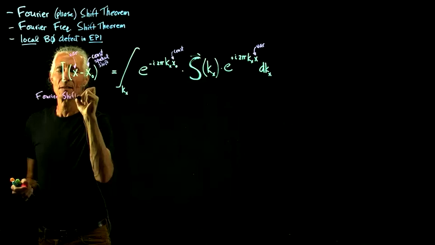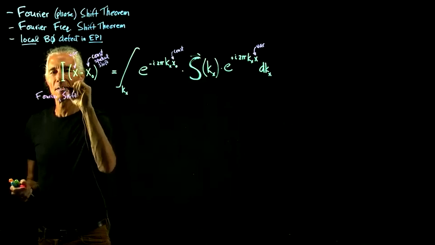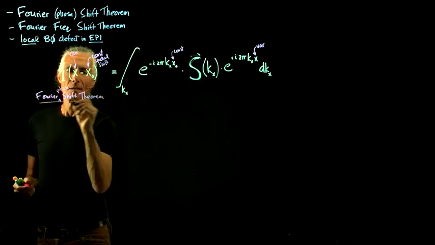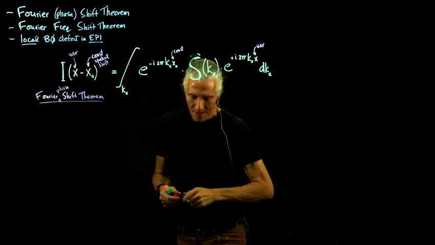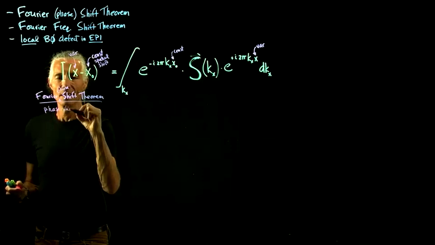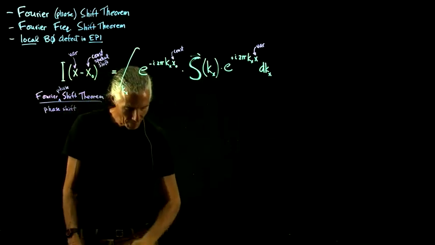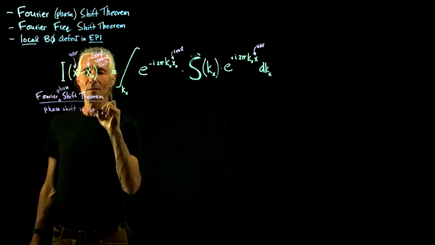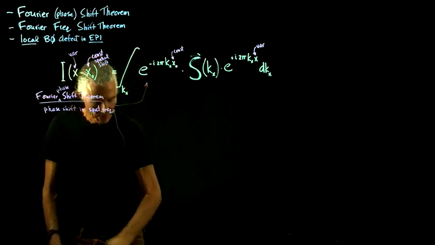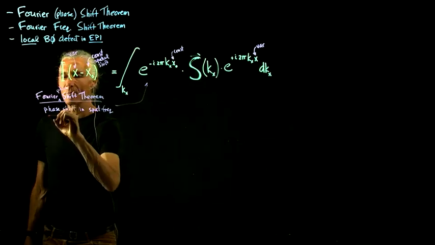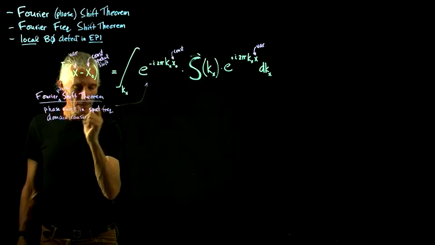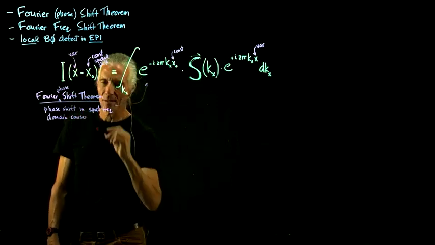The Fourier shift theorem is basically: a phase shift in the spatial frequency domain causes an image shift.